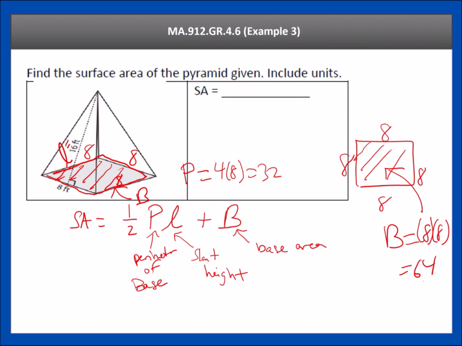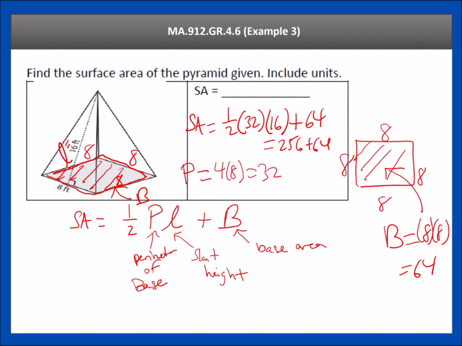So we know capital B, we know capital P, we know script l, so we can plug it into the formula. So surface area equals 1/2 times perimeter times the slant height plus your base. So this turns into 16 times 16, which is 256 plus 64.